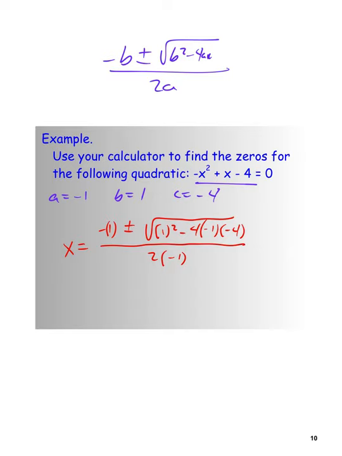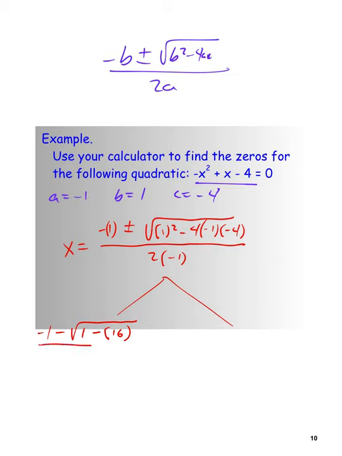Okay, so as we look at the two options here, we've got negative 1 minus the square root of 1 minus 4 times negative 1, which is negative 4. Negative 4 times negative 4 is 16. So this is actually 1 minus 16.